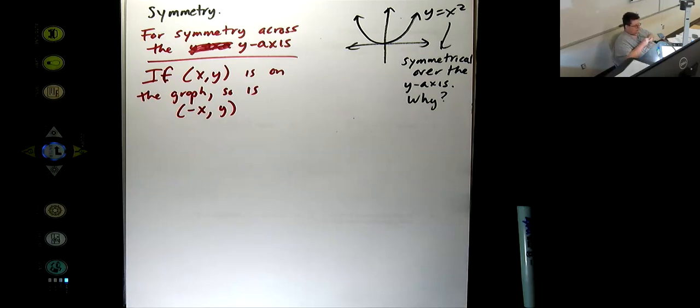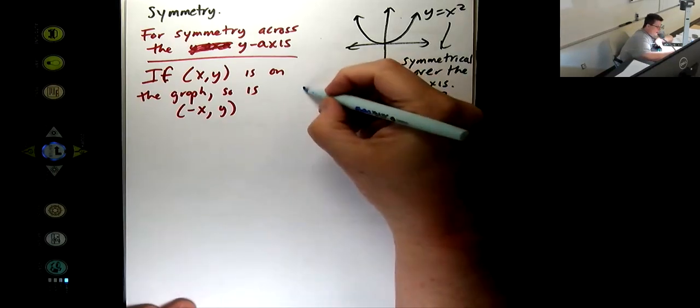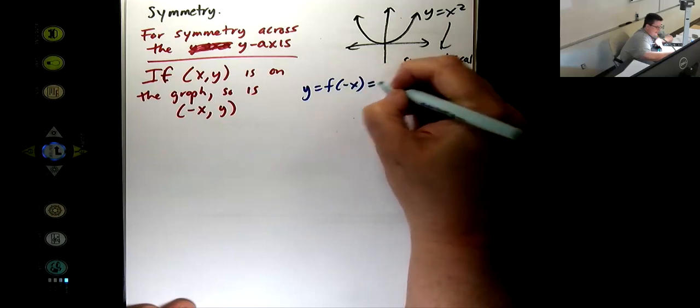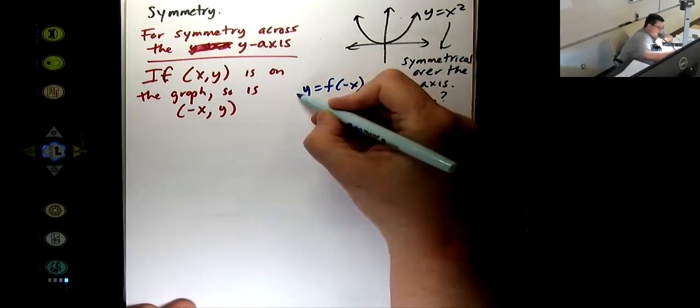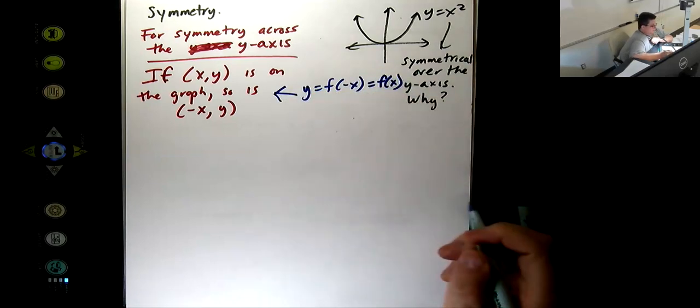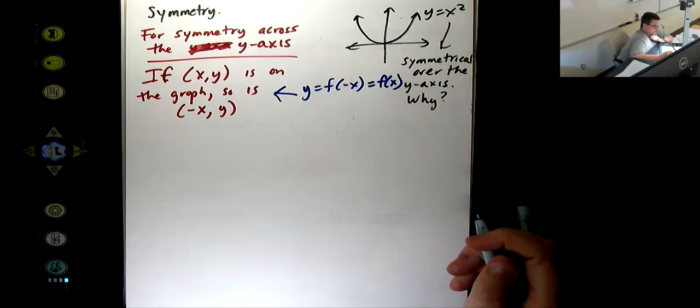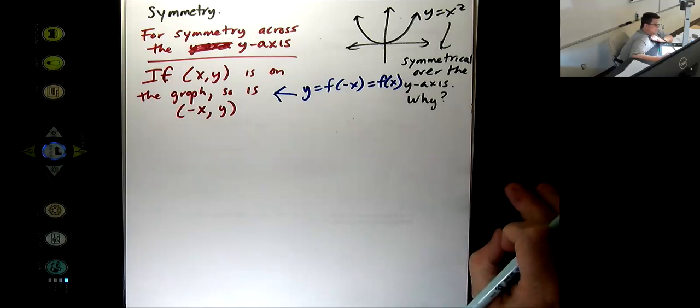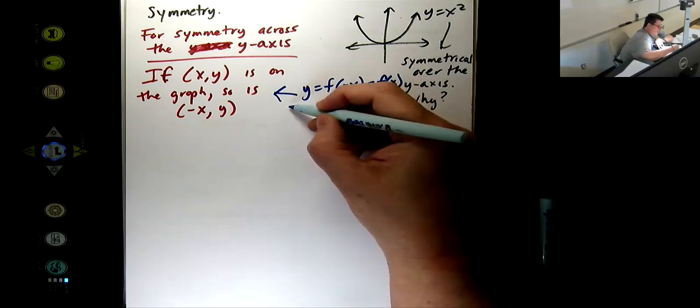This actually happens when y = f of -x is the same thing as f of x. This occurs, and it's for something called odd functions.